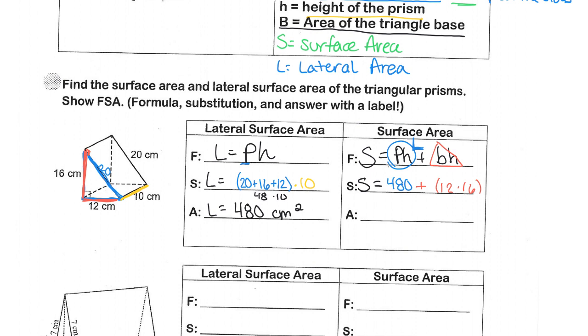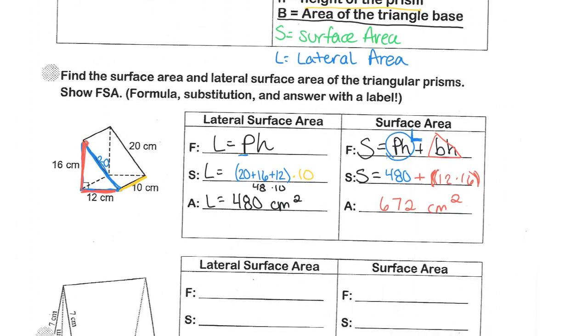Again, I'm going to make sure I put the 12 and the 16 in parentheses in my calculator, or it's not going to add it correctly. And when you do that, you should get 672 centimeters squared. All right, so hopefully that makes some sense.